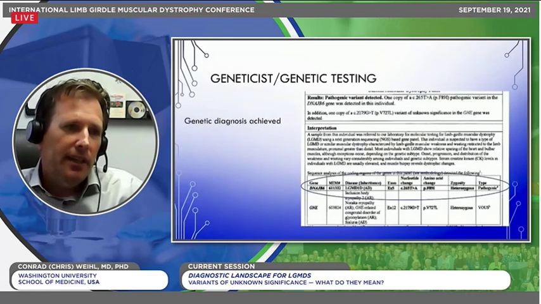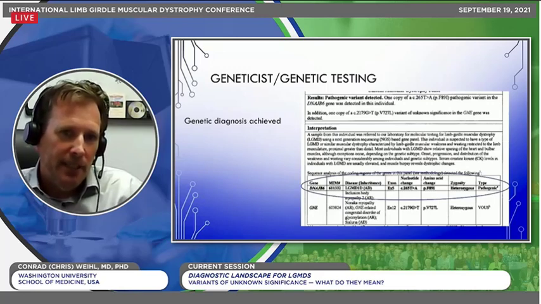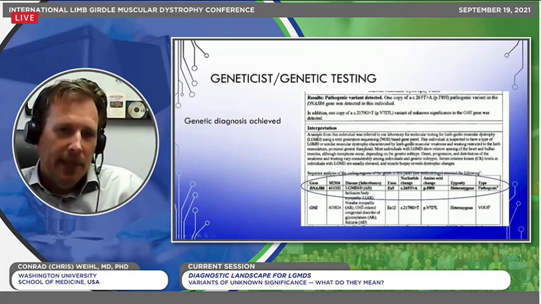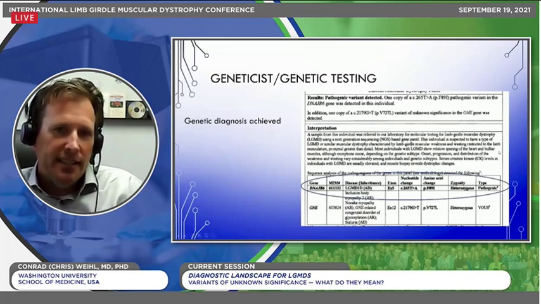And so I want to give an example. This is a patient of mine who came into clinic, and he'd already had genetic testing done. In the case of his genetic testing, he was identified as having a variant in a limb-girdle muscular dystrophy gene. It was pathogenic.